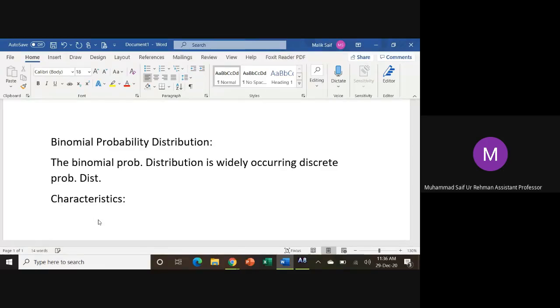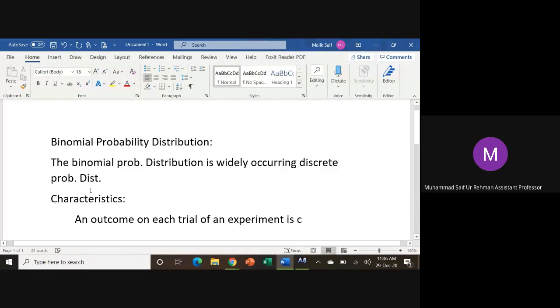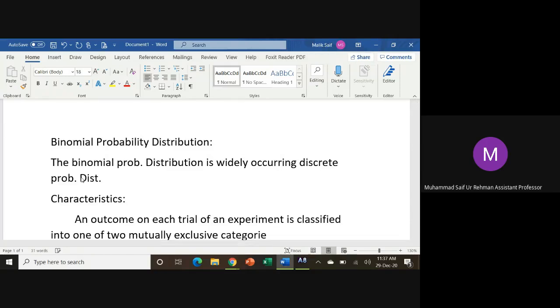Number one, an outcome on each trial of an experiment is classified into one of two mutually exclusive categories: success and failure.